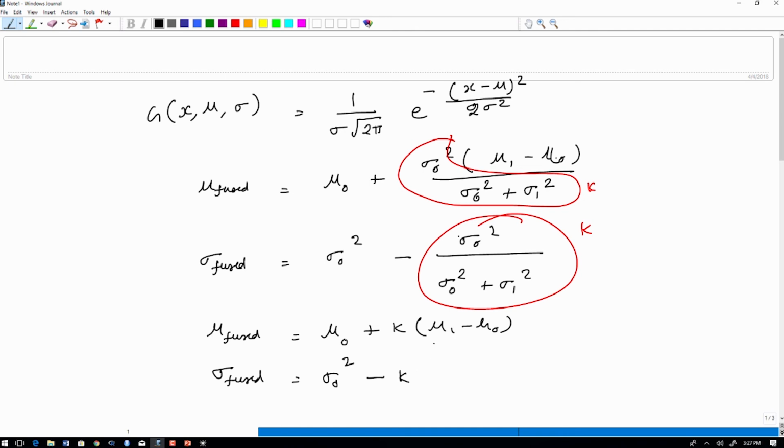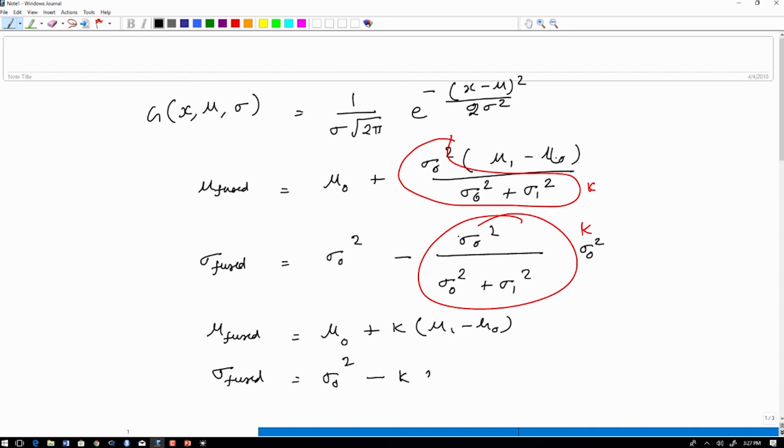Here there was one term missed; it is going to be sigma naught squared again.